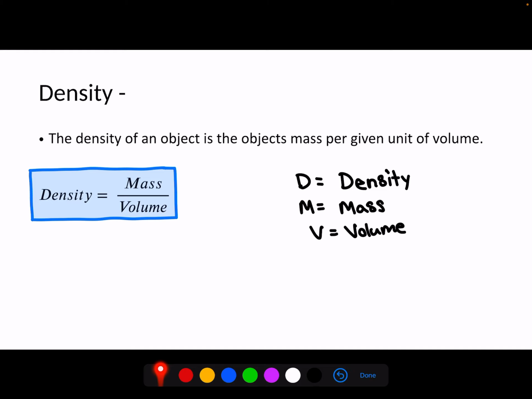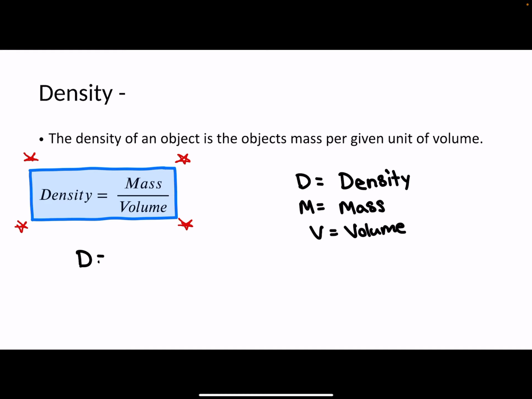If I plug in variables as d, m, and v, we can create a couple more equations with this as well, just by manipulating this. But again, this is the most important one, so I'm going to put a couple stars next to it, just to make sure that you take note that this is what we actually need. So if I want to solve for the mass, I'm just going to multiply both sides by volume.